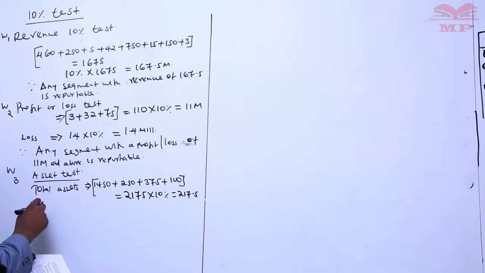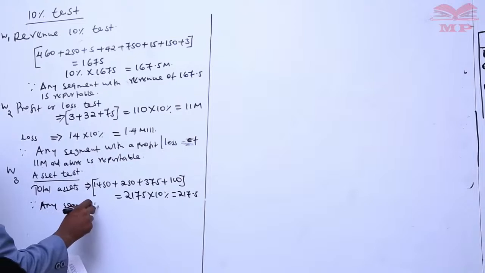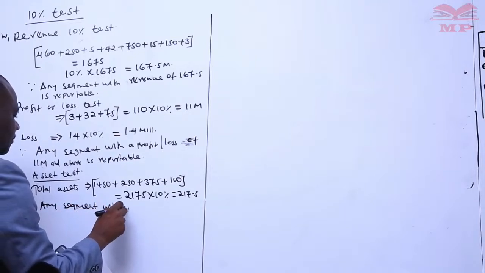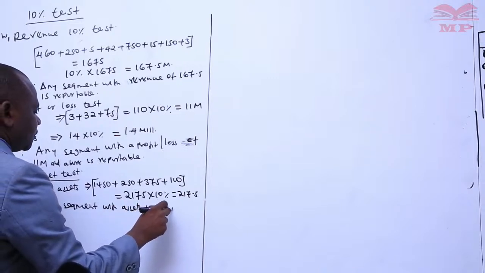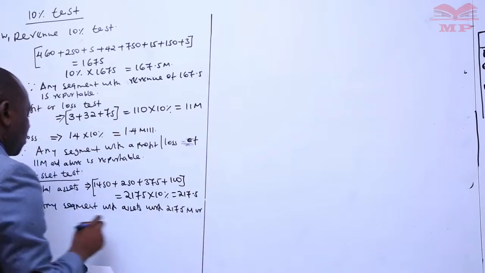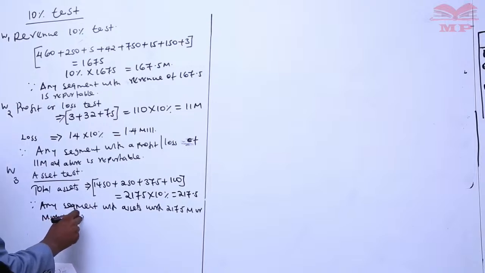Therefore, any segment with assets worth 217.5 M or more is reportable.